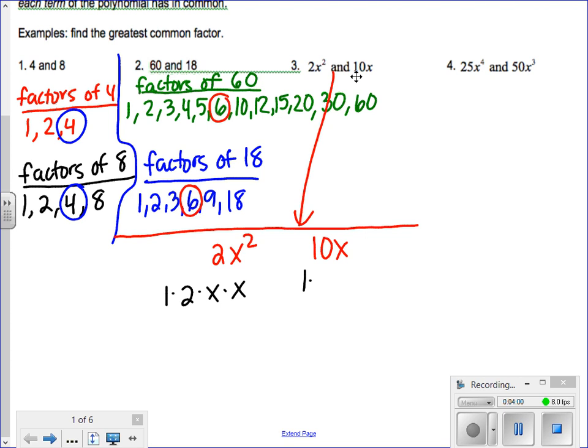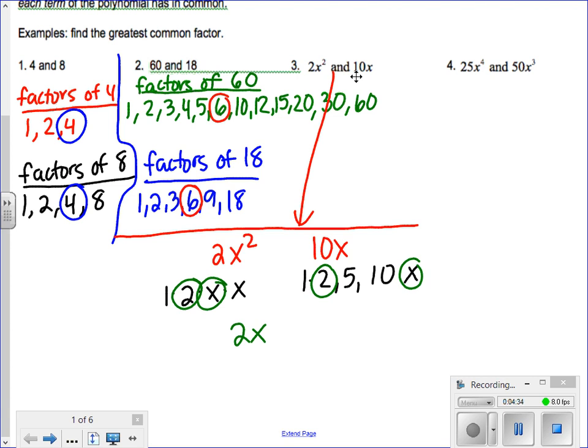So 10x is 1, a 2 goes into it, a 5, a 10, and 1 x. Well, when I look at my list, they both have a 2. So let me circle the 2 here. That's the greatest number part, but then I have to look at the variable part. 10x only has 1 x, and so does 2x squared. So it turns out that the greatest common factor here is 2 with an x, 2x. They have a 2 and an x in common.